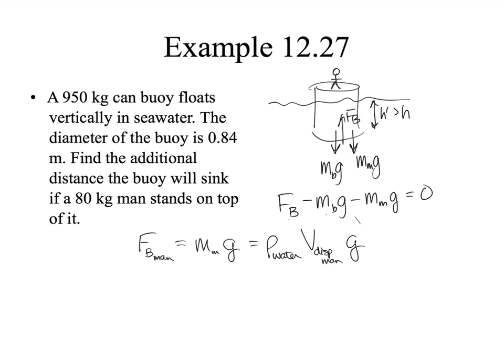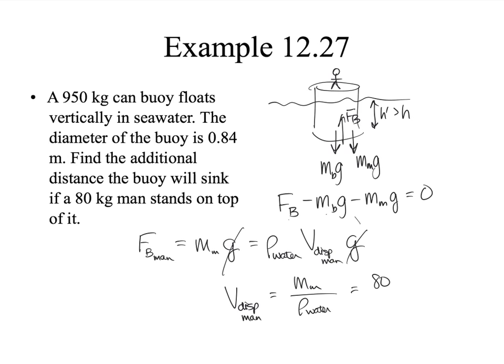This will just make it a little more shorthand, figuring out what the volume is that's displaced simply because of the man. And then if we do that, the height that we will find will be the additional height. So I'm going to get rid of gravity here, and the volume that's displaced because of the man is going to be equal to the mass of the man divided by the density of the water.